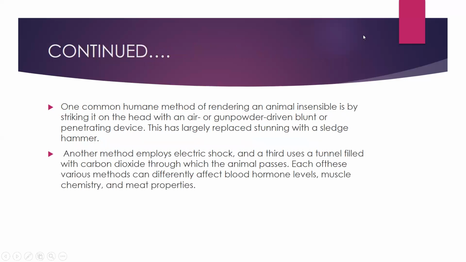One of the common humane methods of rendering an animal insensible to pain is by striking it on the head with an air or gunpowder driven blunt or penetrating device. This has largely replaced stunning with a sledgehammer.